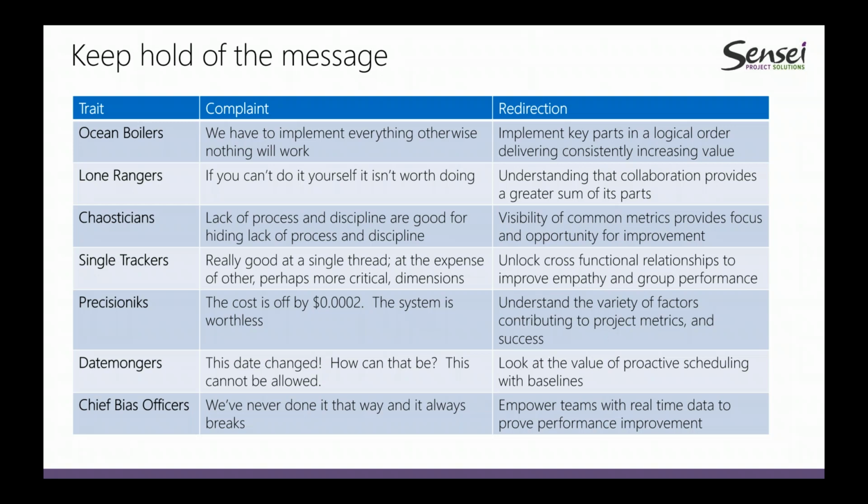You may need to look at additional budget. You may need to look at additional time, and so don't get focused on, how did that date change? Why did it change? It can't change. It must not change. Well, of course, dates change all the time.